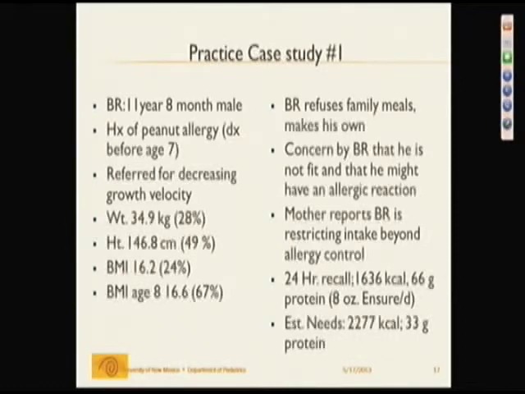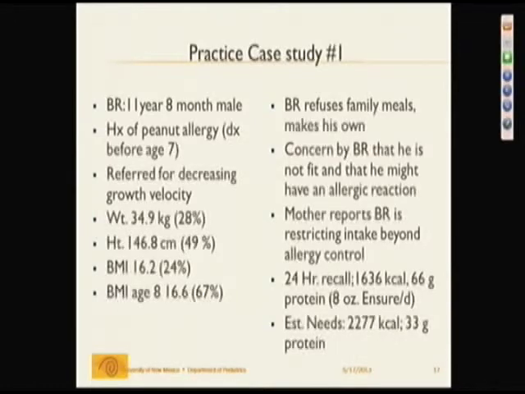Again, it can be evidenced by the fact that his energy needs are less than what we have estimated, but also that he refuses his family meals and makes his own. So one of the things that you might be measuring, and this is a little softer, is that if he starts eating what's made for the family, that might be evidence of a change. Again, this one is focusing potentially on some behavioral therapy.